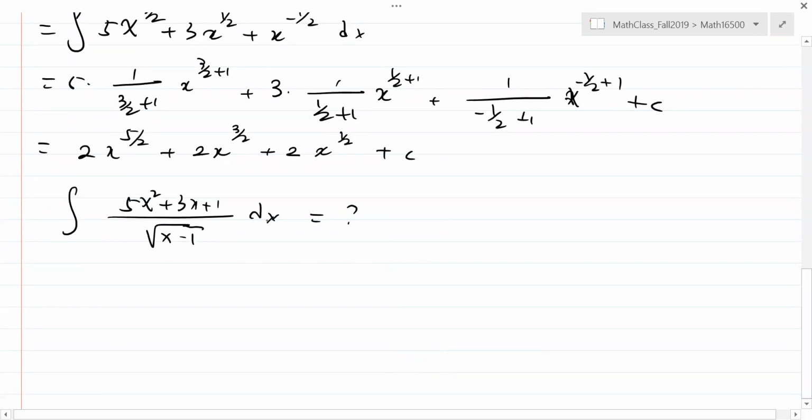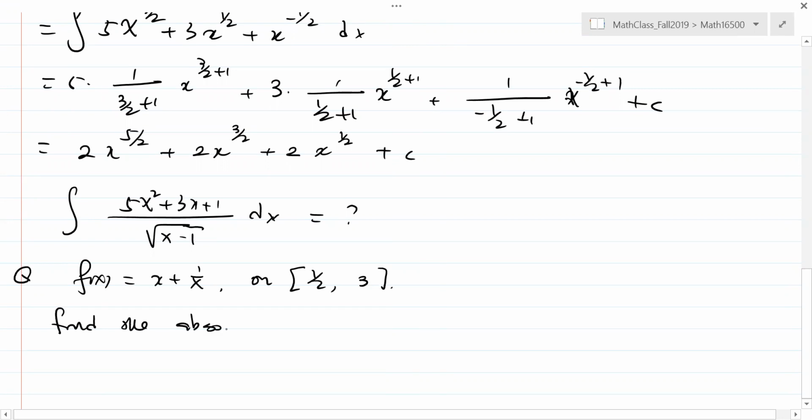So this is a question. The second one is, you are given the function x plus 1/x on the interval from 1/2 to 3. Find the absolute extreme values.